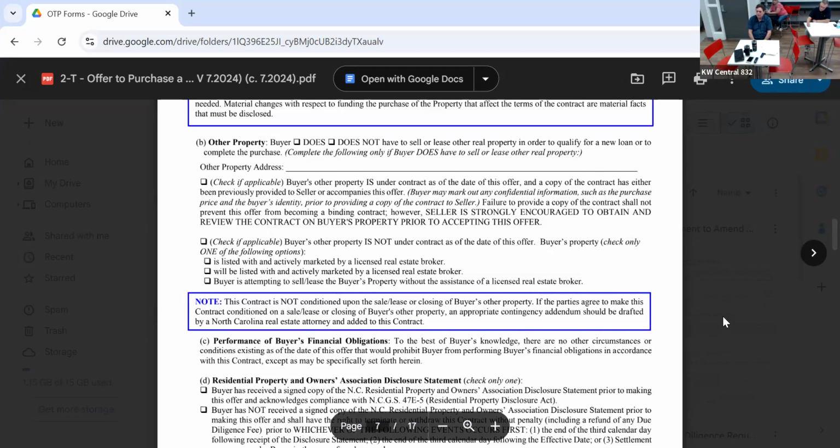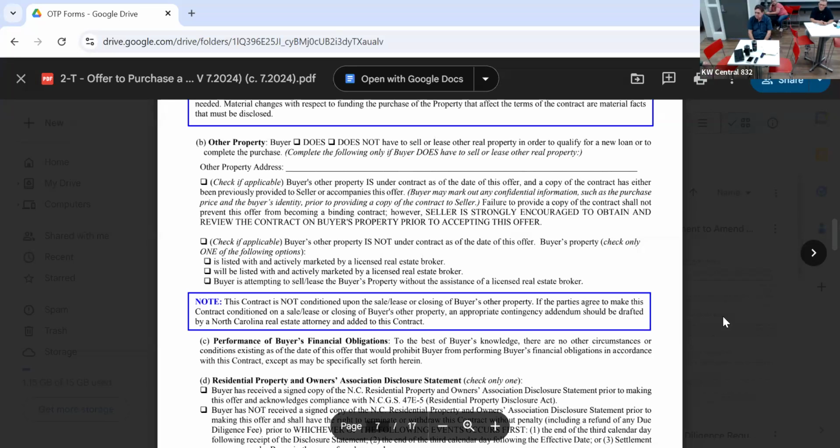You can request a copy of that, because even though it's not contingent, we sometimes use the verbiage of, well, it's contingent upon them selling their house. Yes, it is, but it's not contingent upon them going through with this contract.